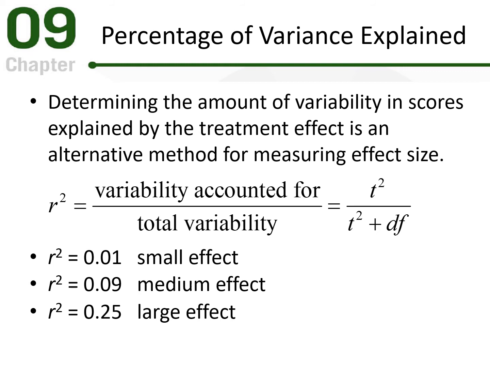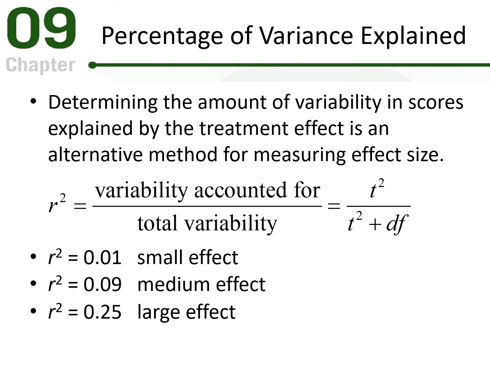We could also calculate effect size using r squared, which is the Pearson correlation coefficient squared. We'll be talking about the correlation coefficient later on in the course. But basically, what this r squared measures is the percentage of variance accounted for. So it's the variability accounted for by the treatment divided by the total variability altogether, which is basically the treatment plus the error.